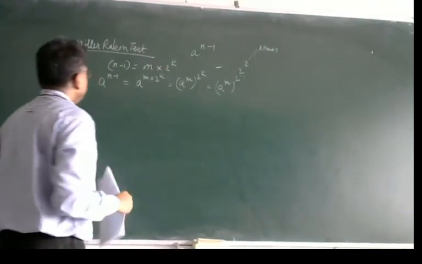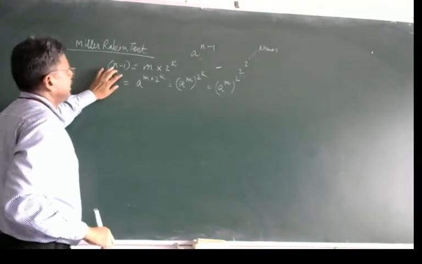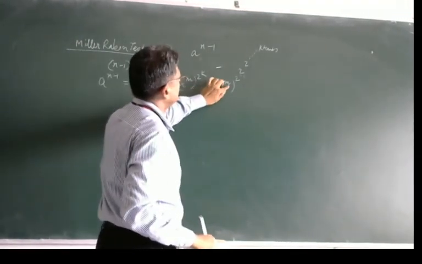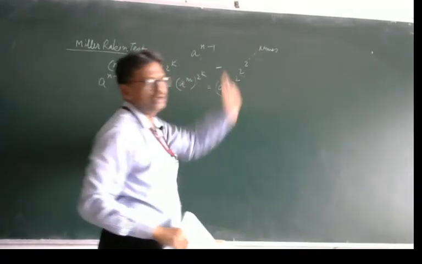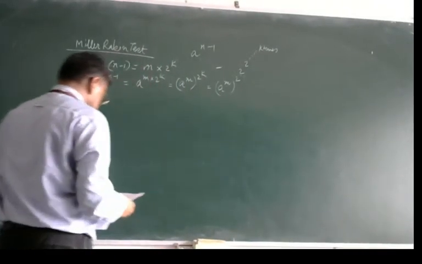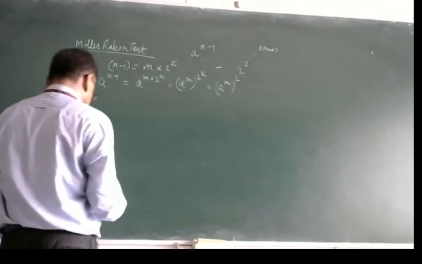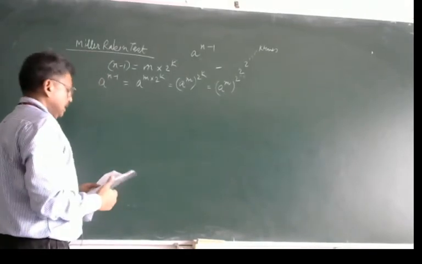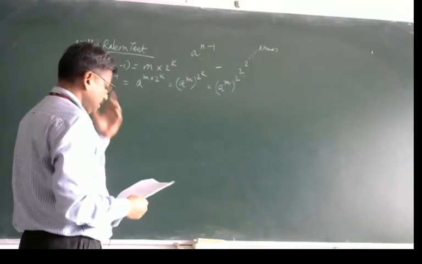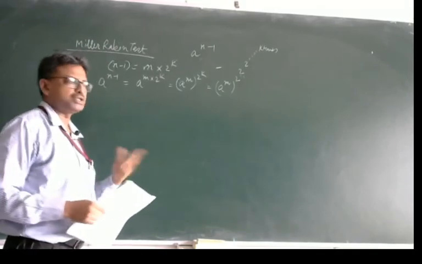So instead of calculating a to the power n minus 1, we calculate a to the power m, squared up to k times. The benefit is that a square root is performed, and if a square root fails, we stop.